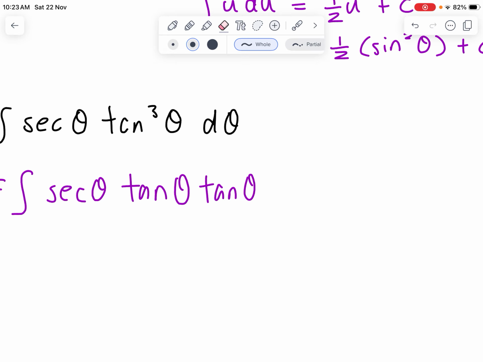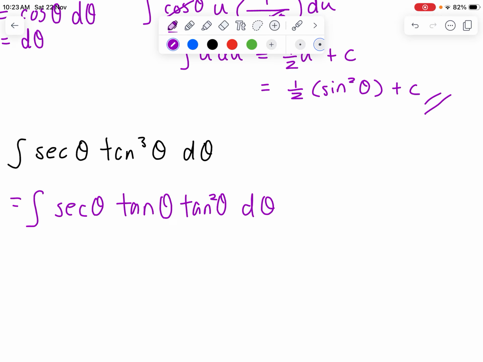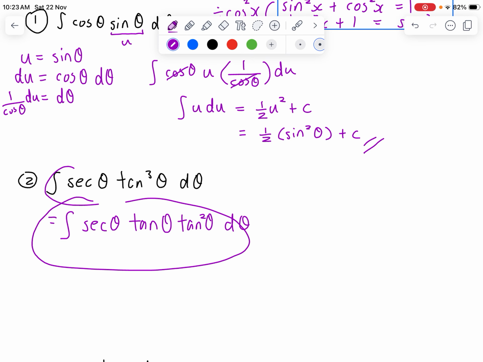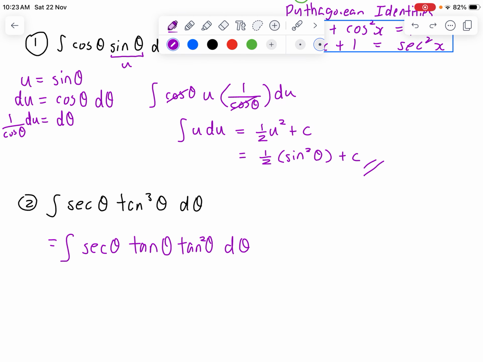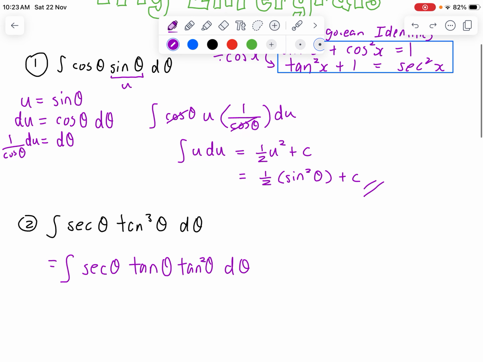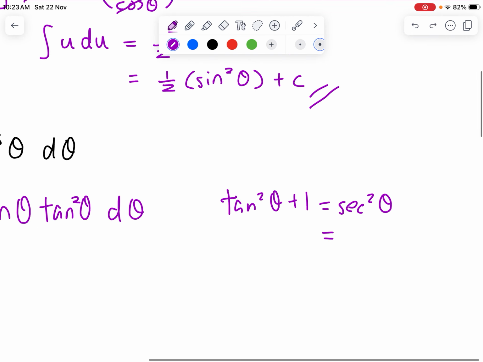I'm rearranging my integral to look like this. This is the same as this. Now we can use our Pythagorean identity. We know that tan squared theta plus 1 equals secant squared theta. Right now we have a tan squared theta here, so I want to isolate that.